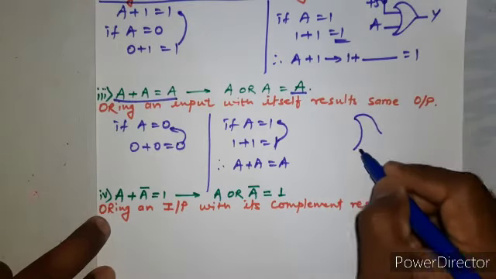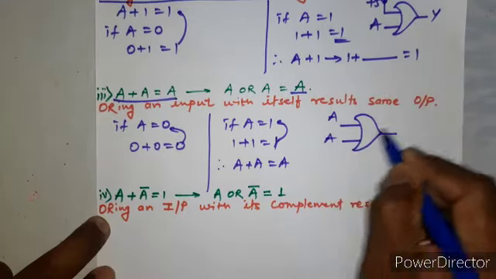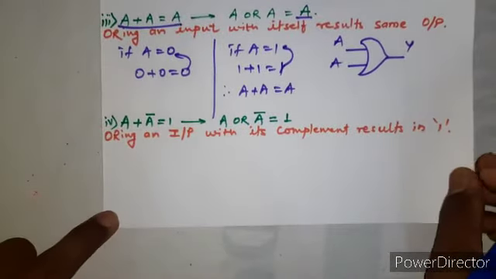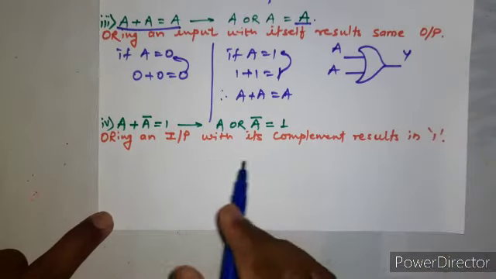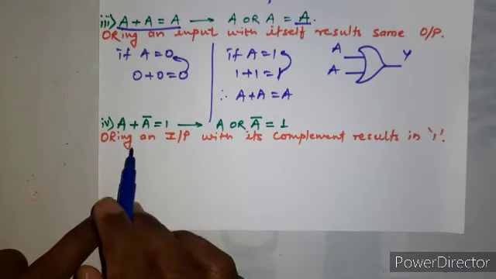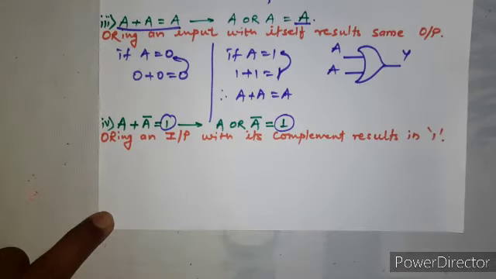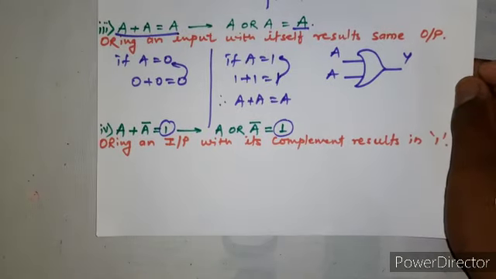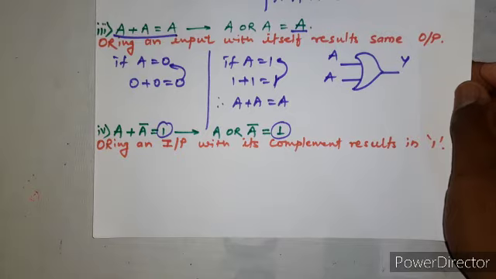Diagrammatically you can represent this: this is A, this is A, and this is Y. Now I leave you this for your understanding. Just try to replace the value of A here and see, do we get the value as 1? Post this in the comments on YouTube so that I can understand that you have actually got this.